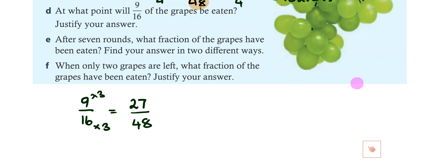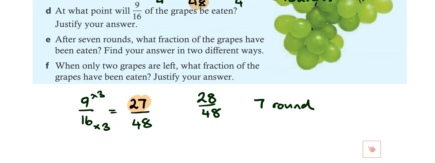So when would the end of a round be? In one more grape. So 28, okay, out of 48 would be how many rounds? 7. That would be 7 rounds. But we've only got 27.